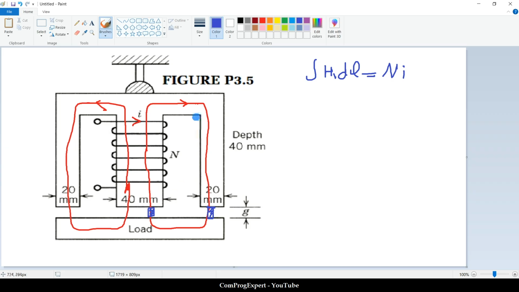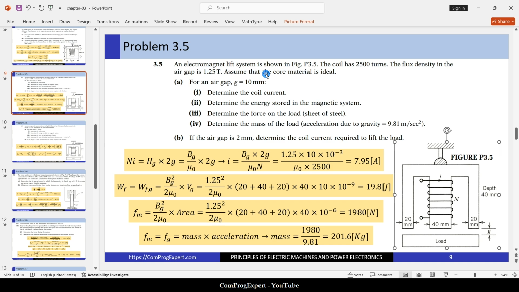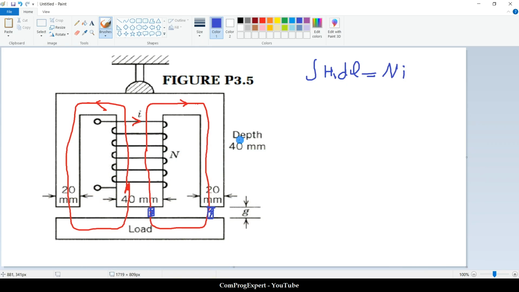The magnetomotive force drop in iron is 0 because we have ideal core material. So we can write H gap times 2 times gap thickness equal to NI. This is B gap divided by mu 0 times 2 times gap is equal to NI.